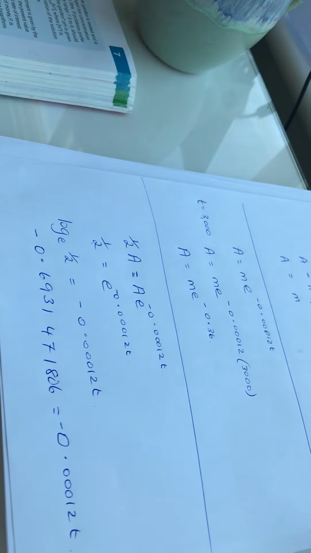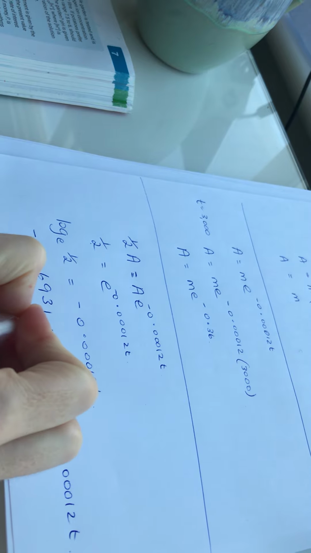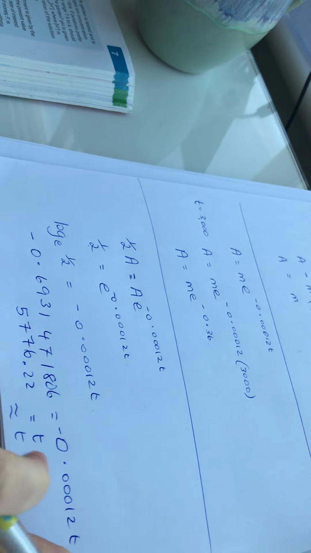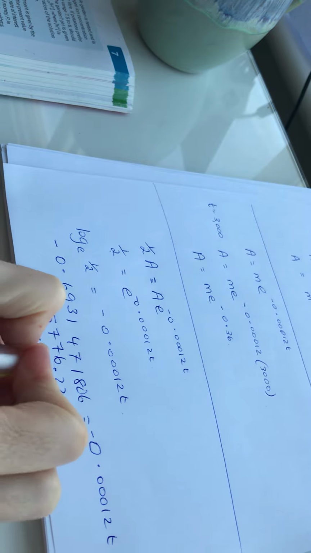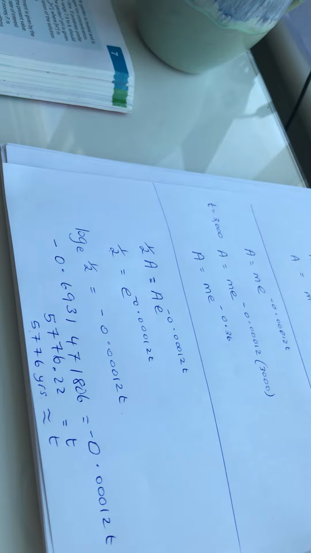And so I'm going to divide both sides by minus 0.000121. T is equal to 5,726.22, so approximately 5,726 years old. Tricky enough question just by the wording.